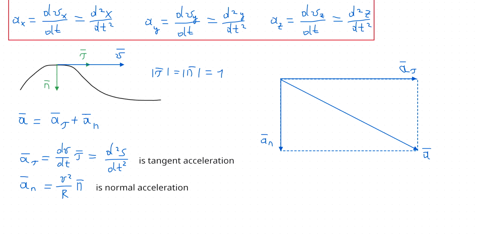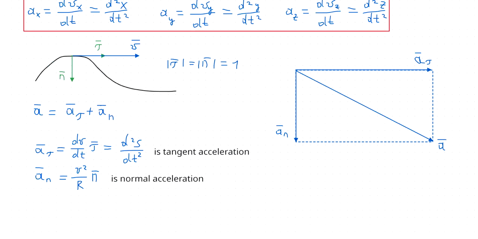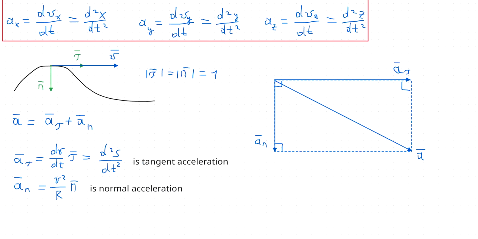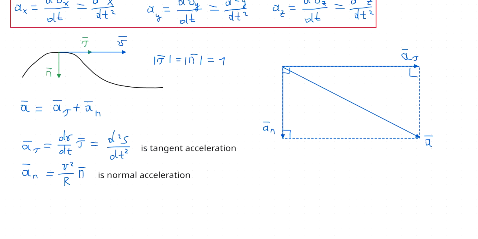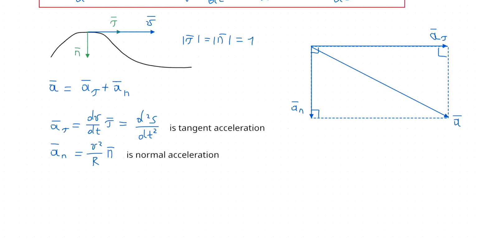And as you can see, here we have the right angle, because the angle between tangent and normal accelerations is equal to pi divided by 2. And here we can use Pythagoras theorem.